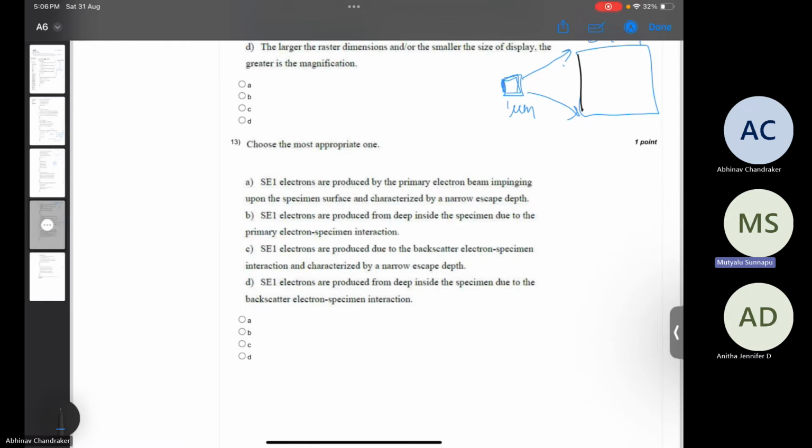SE1 electrons are produced from the depth inside the specimen due to the primary electron interaction. This is also a little bit confusing.